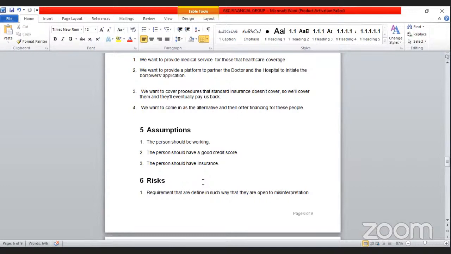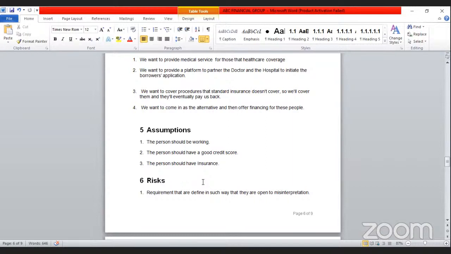Okay. But if you have any other... I think the assumptions point out what, as the product manager, he assumes. Do you get it? I think he's just assuming that the patient has insurance.